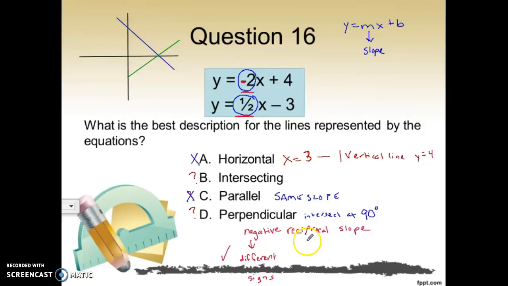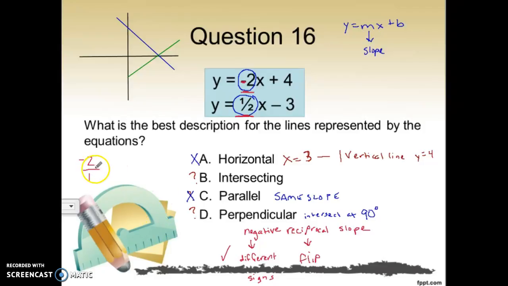Reciprocal means flipped. That's when you flip a fraction. All right, so if I take -2 and I flip it, whoa, hold up, how can I flip that? It's not even a fraction, it's a whole number. Yeah, I heard you whisper that in your head there. All whole numbers are over 1.